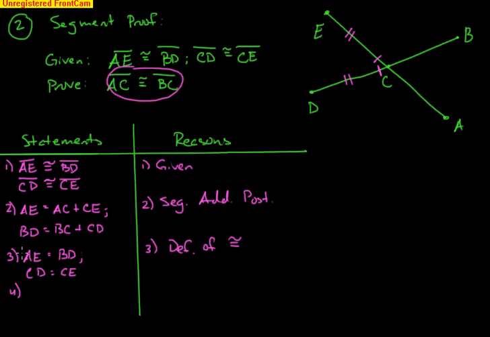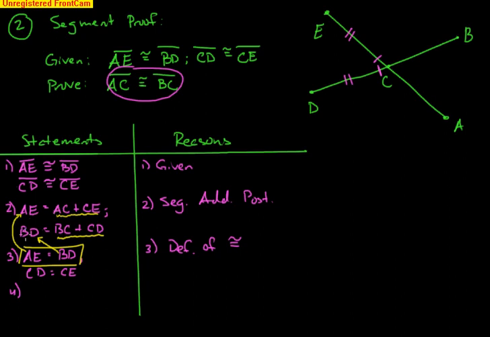Now, if I look at what I have, look at this statement right here. I'll put it in yellow. I see AE up here, and I see BD right here. What I'm going to do is a substitution. I'm going to substitute these sums in for AE and BD, because I want AC and BC to be in the same equation. Right now, AC is in this equation, BC is in this equation.